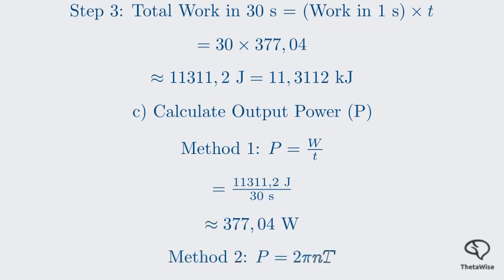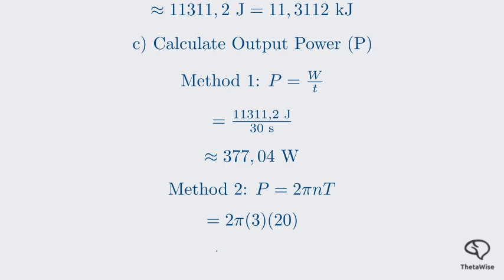Method 2 uses our rotational power formula, P equals 2 pi N T. Plugging in the values, 2 times 3.142 times N, which is 3, times the torque T, which is 20. This also gives us 377.04 watts. Both methods yield the same result, confirming our calculations. We have successfully found the load, work done, and power for this system.